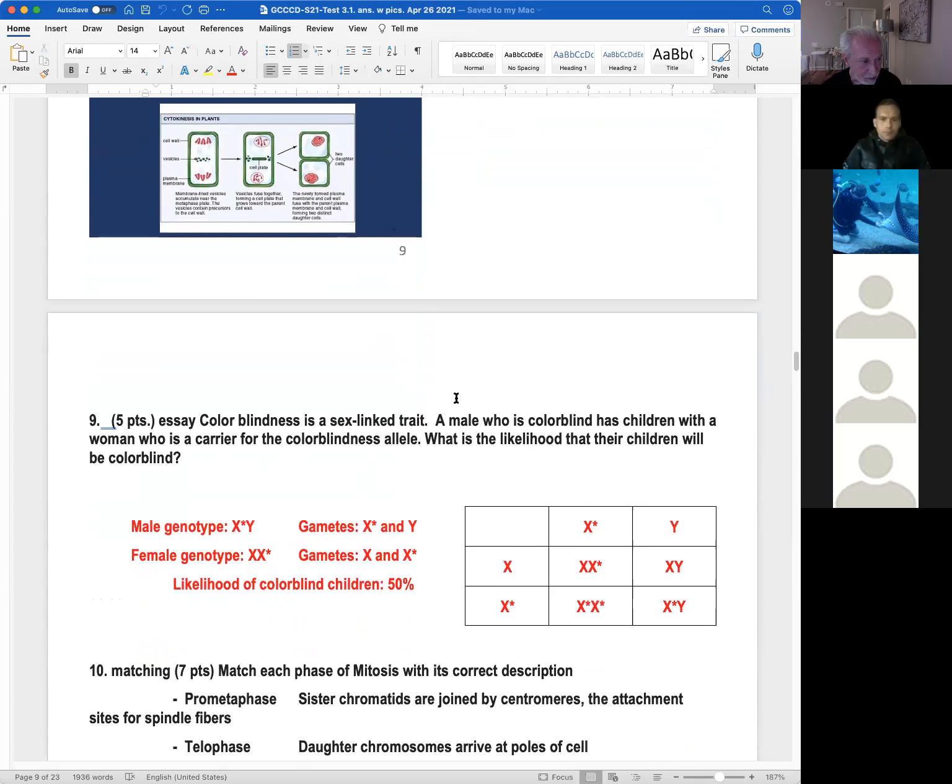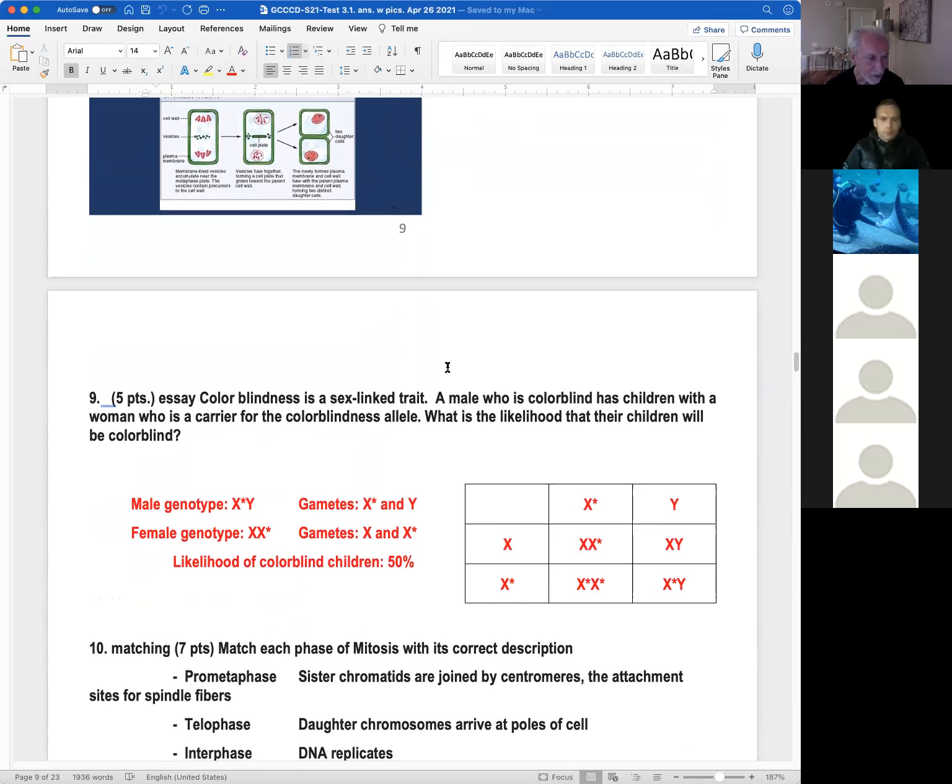And now we have another genetics problem. Color blindness. It's sex linked. A male who is colorblind has children with a woman who is a carrier for color blindness.